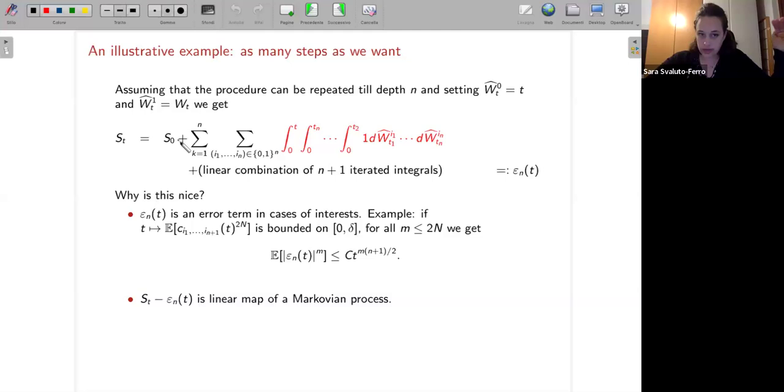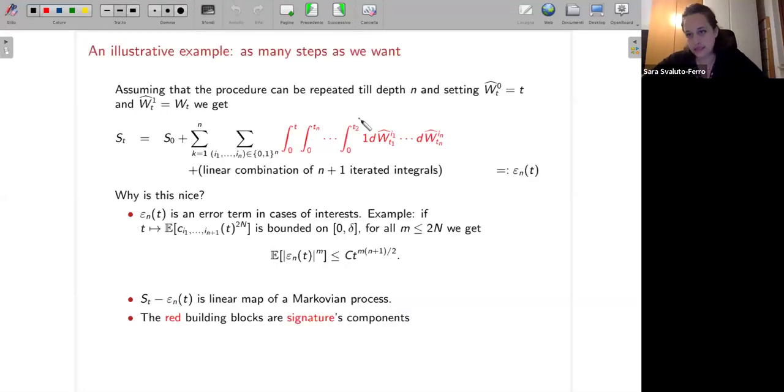If you get rid of epsilon n and just look at what remains, it is a linear combination of the signature of the Brownian motion, which is a Markov process, first of all. We know everything about the Brownian motion, right? And for the signature, we know how to compute many things automatically, by iterations and these kinds of things.